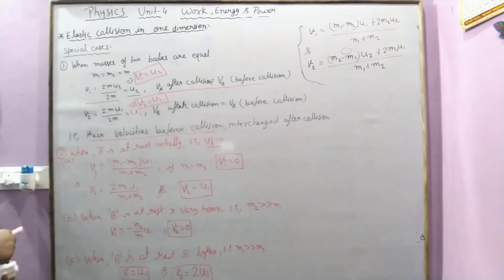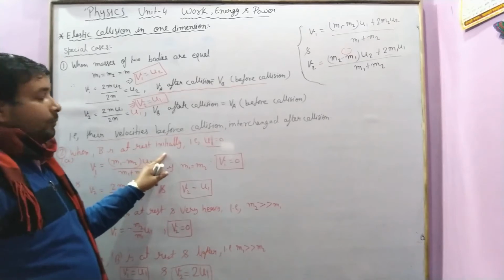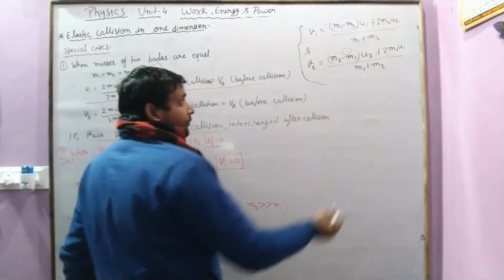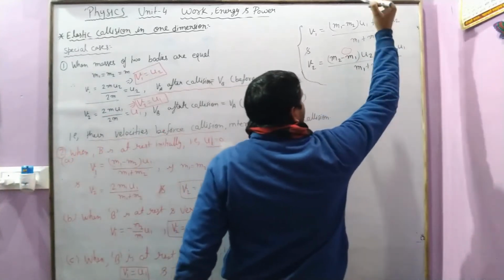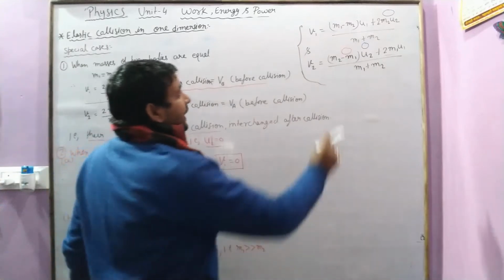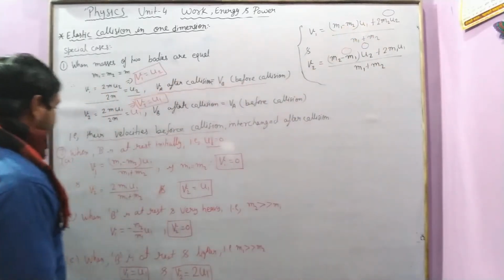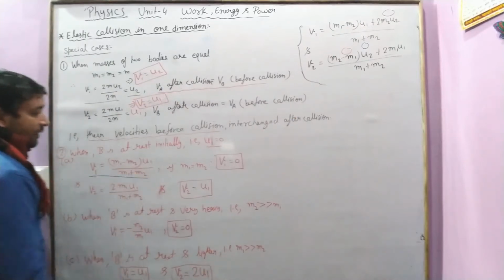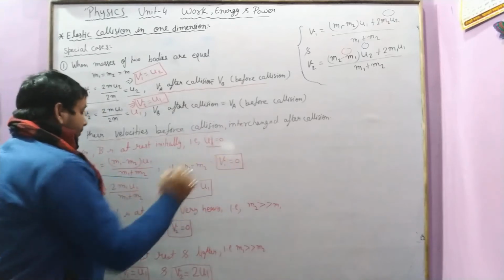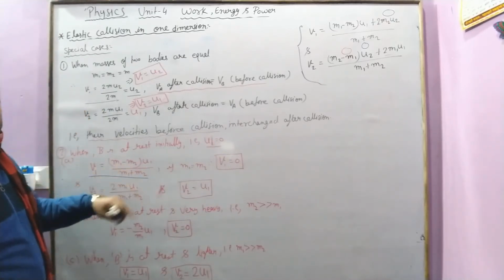Now second case, when object B is at rest initially, that is u2 is equal to 0. Now if u2 is equal to 0, then in the first case we get (m1 minus m2) u1 upon m1 plus m2, and if they have the same mass, then v1 will become 0 because m minus m becomes 0.